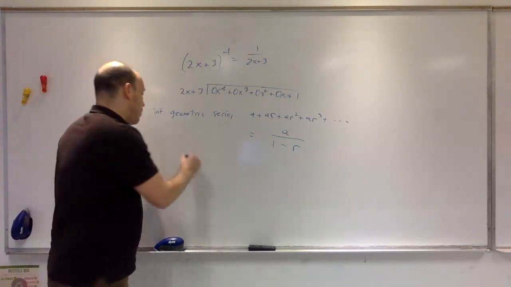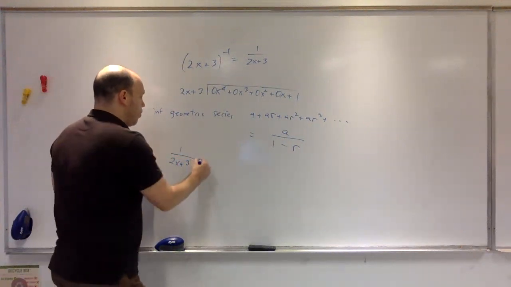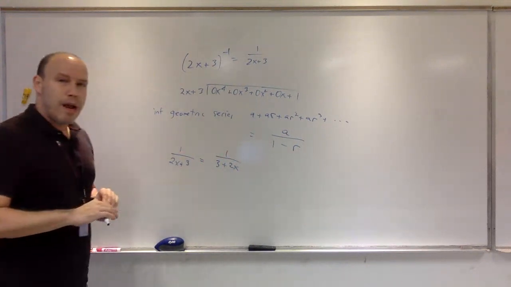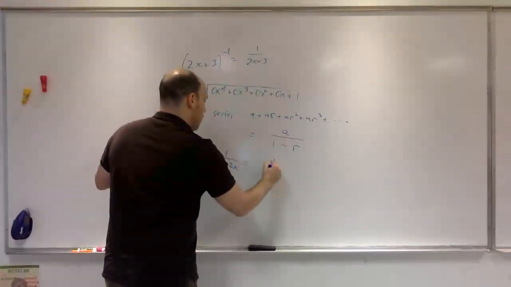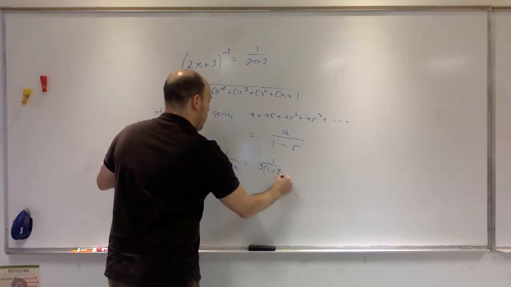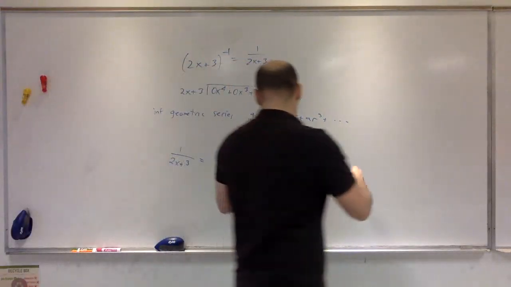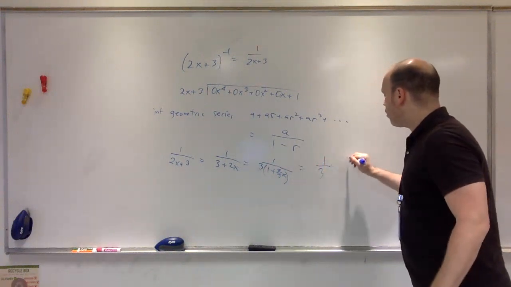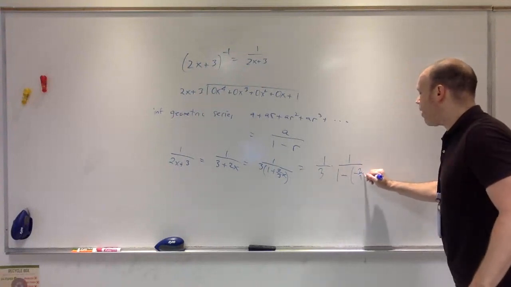And so let's take 1 over 2x plus 3. The first thing I'm going to do is just switch this around. Then I'm going to pull out a 3, and I'm basically done. I'm going to rewrite this as 1/3 times 1 over 1 minus negative 2/3 x.